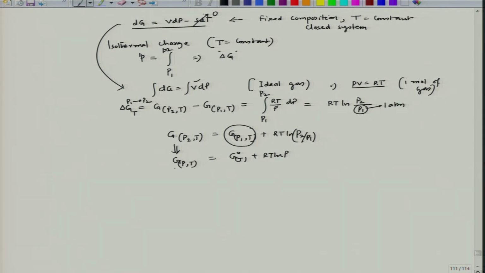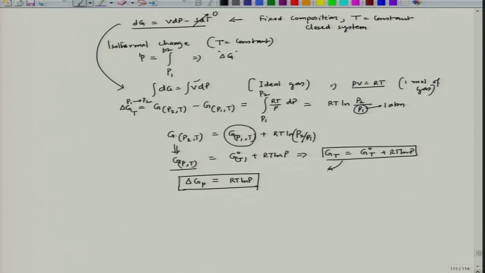So, at a constant temperature, if we change the pressure, then the free energy change would be equal to RT ln P. I can write this equation as G T equal to G naught T plus RT ln P, and therefrom I can get this.